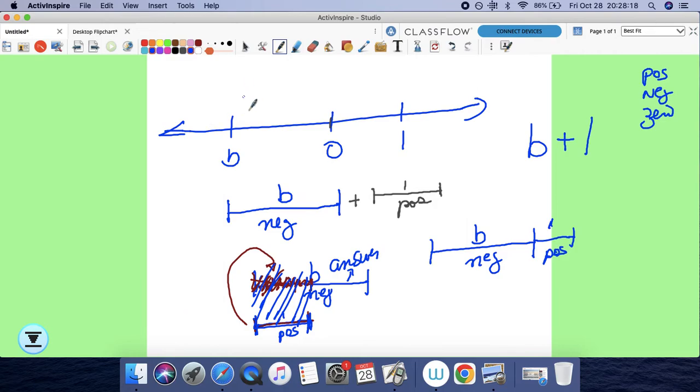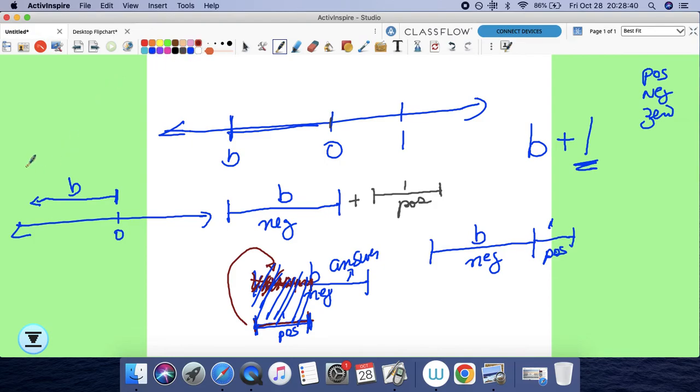Think about this on a number line, and let me draw another number line. It says B plus 1, that's what we're doing. So if you're at 0, the first thing you have to do is walk to B. Done. This distance right here. You're at 0, you walk to B. And then you're adding a positive. What does adding a positive mean?